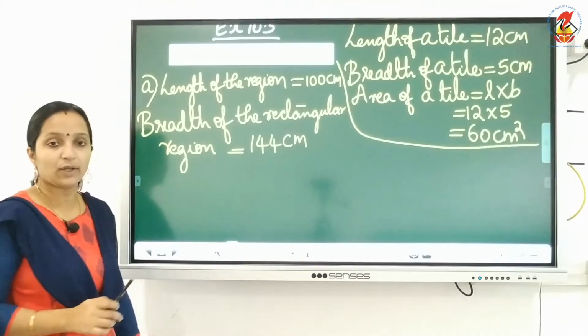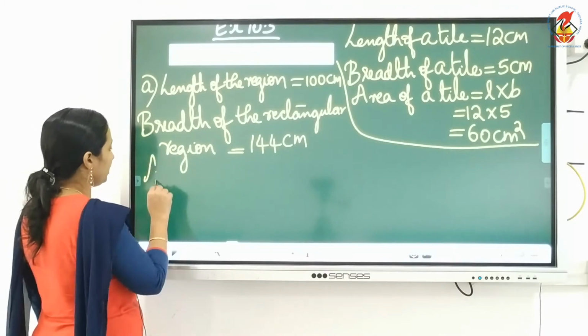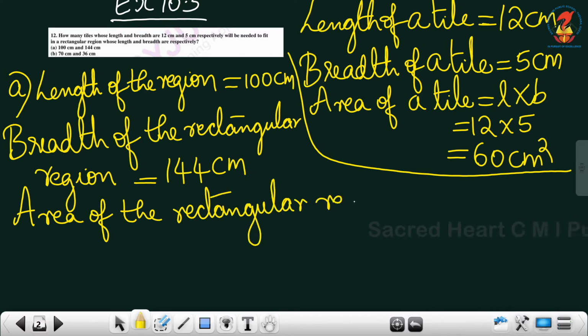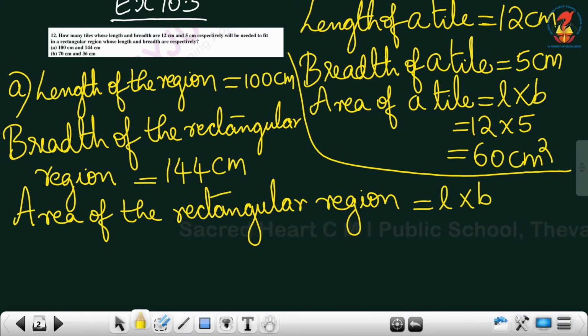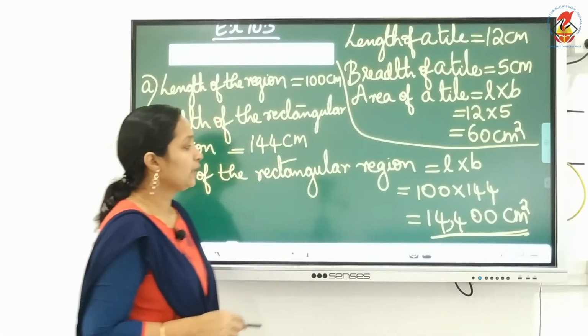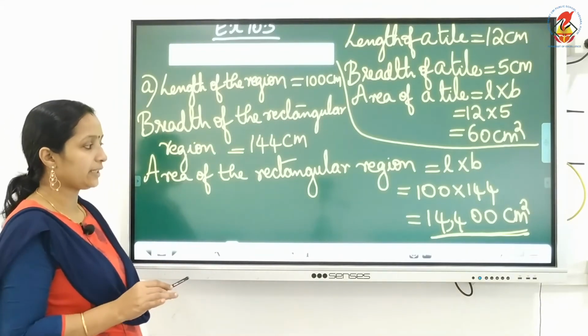Area of the rectangular region is equal to length into breadth, so 100 into 144. What is the answer you will get? 14,400 centimeters square. So we got the area of that particular rectangular region.